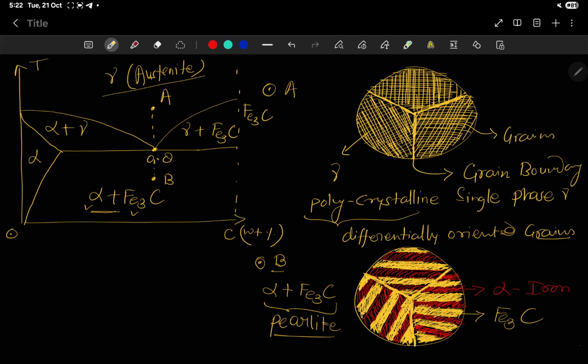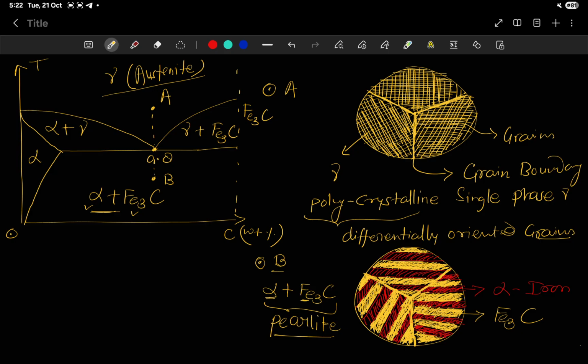Now some important observations. You can see pearlite consists of two phases, alpha and Fe3C. Now if someone asks you, can you tell me what is the pearlite phase? The question itself is wrong, because pearlite is not a phase. Pearlite is not a single phase.